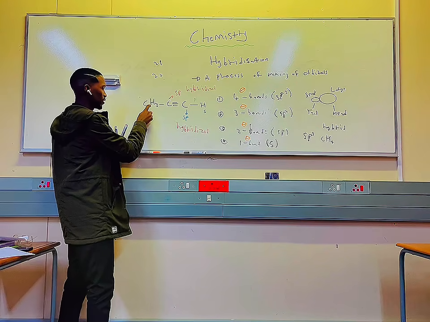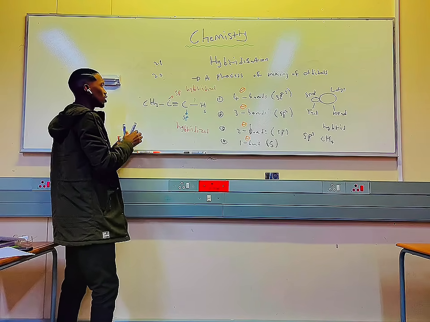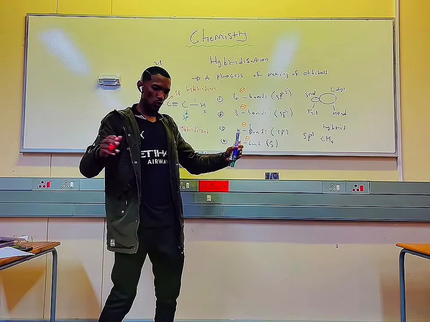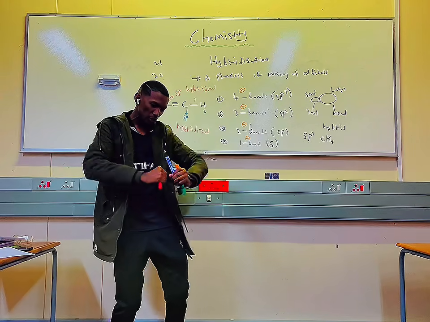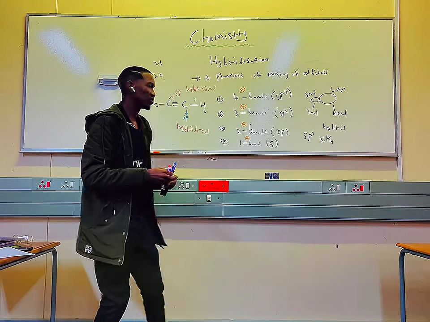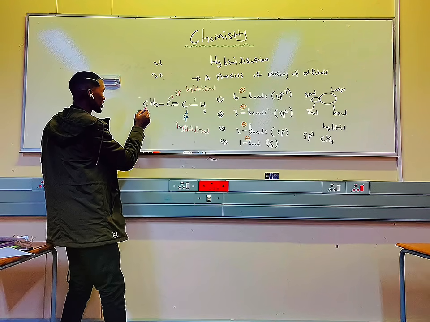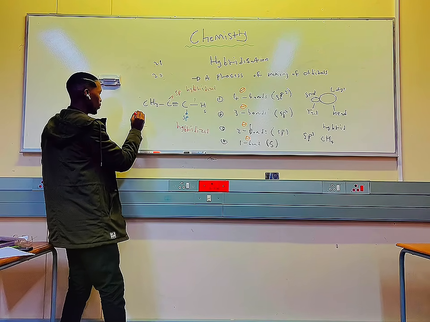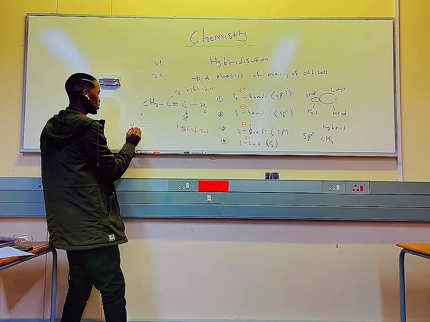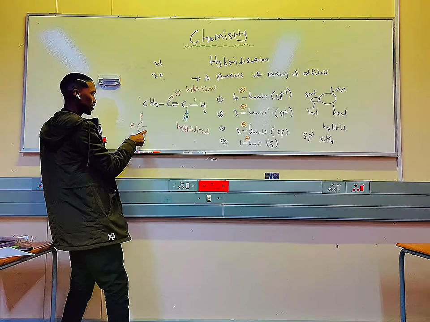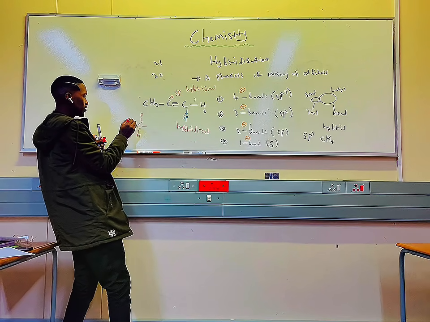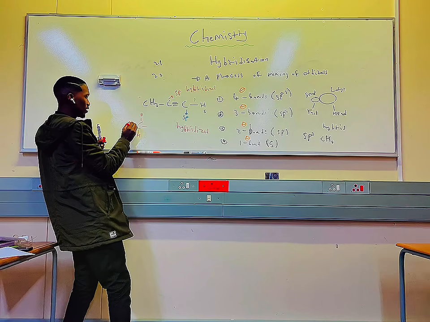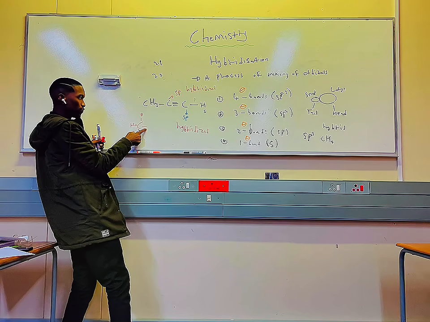Then you look at this one. This is CH3. When you simplify it, when you unfold it, you start seeing something that looks like this. This is the same as 1, 2, 3, then this bond here makes 4.